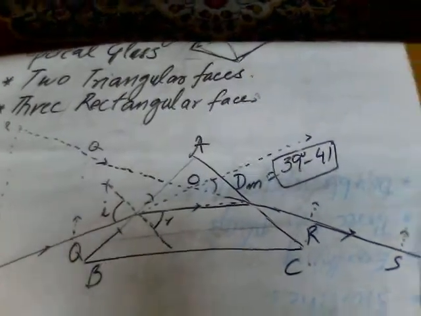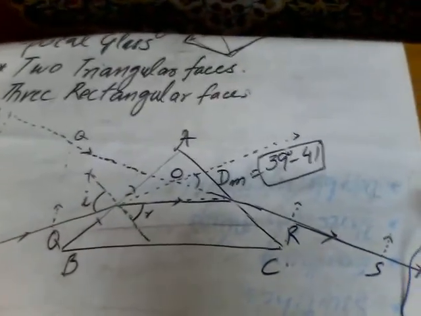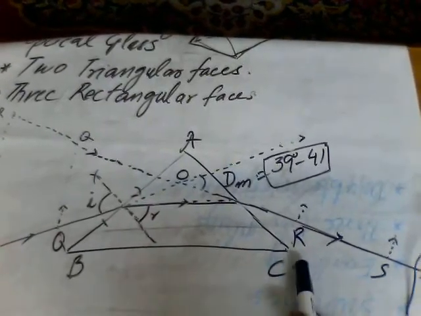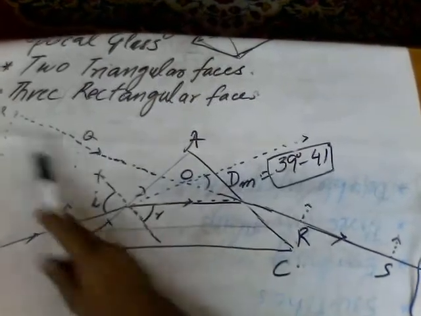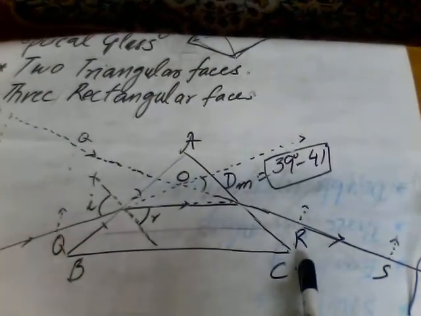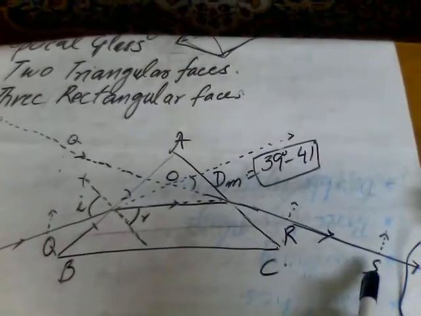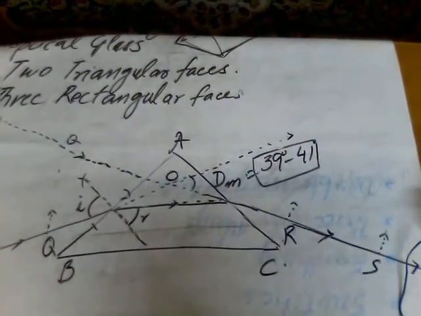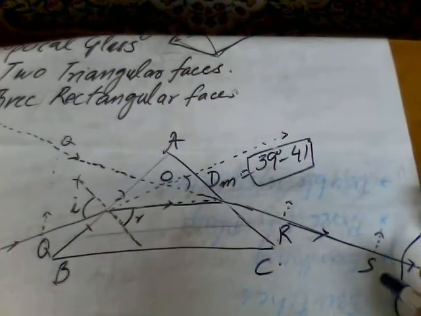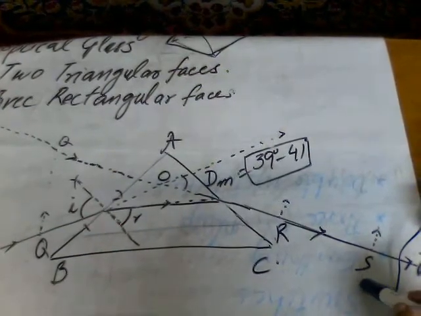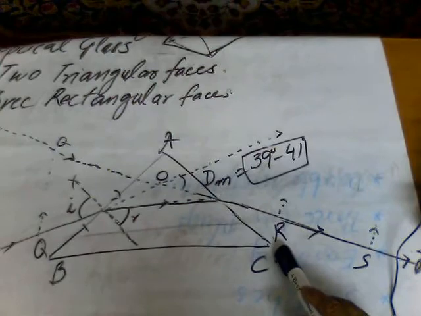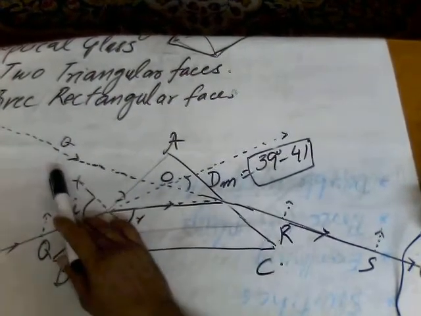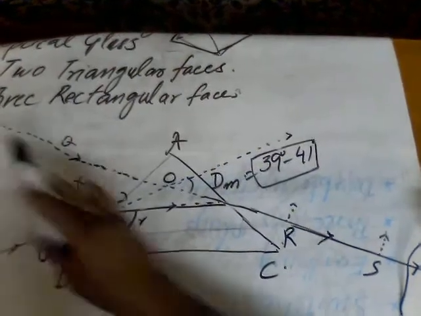So we insert two more pins R and S so that all these two images and two real pins S and R, all four, are aligned. Behind the pin S is R, behind R is Q, and behind Q is P.